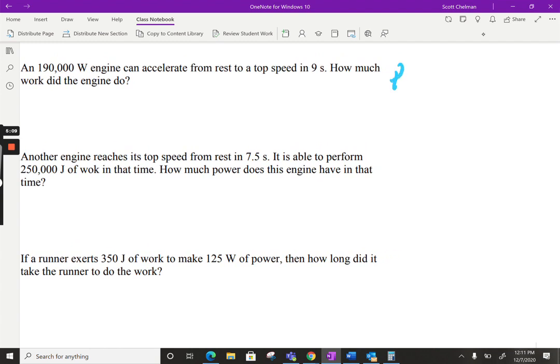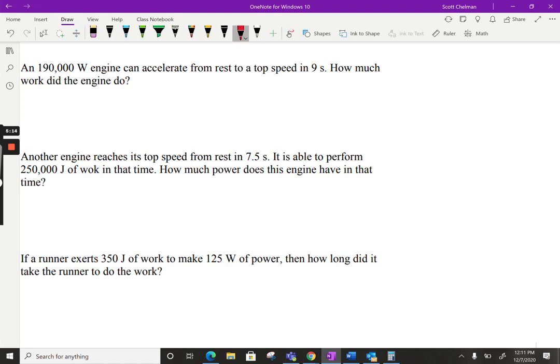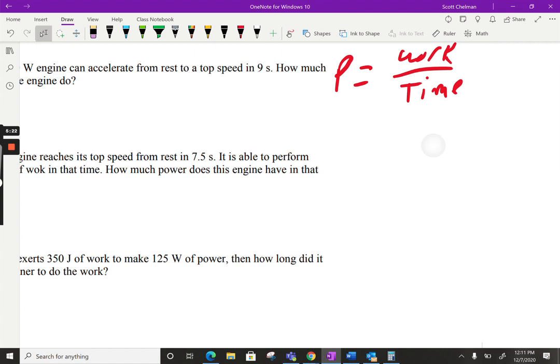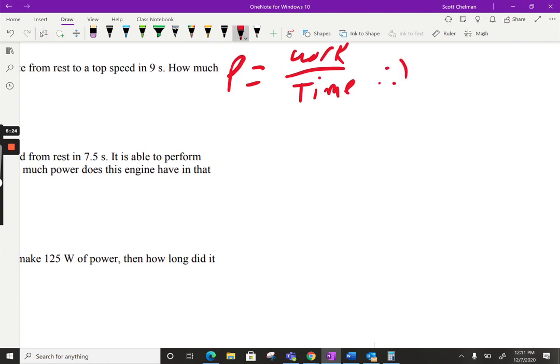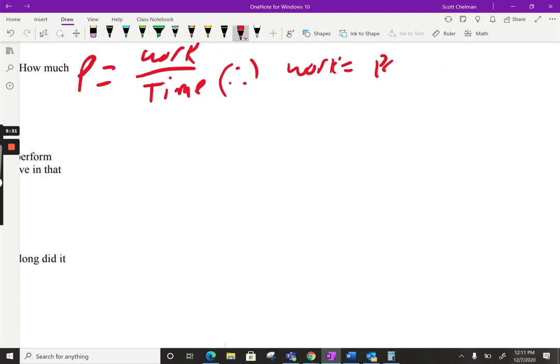Power equals work divided by time. Therefore, work equals power multiplied by time.